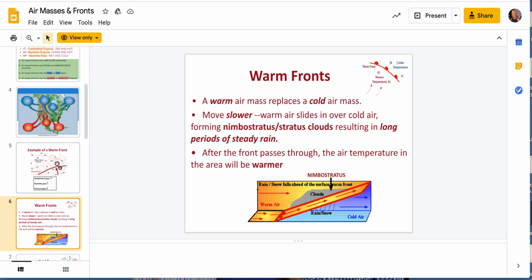But these warm fronts are producing not like storms. Those are more steady type rains. And after the front passes through, the air temperature will be warmer. After that warm front comes through, because it took over that cold air.